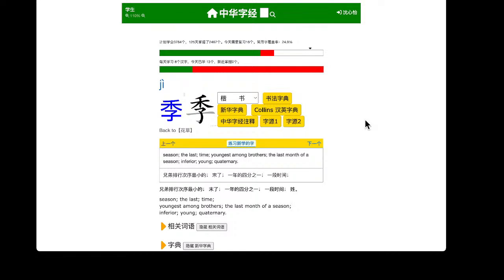Okay, youngest brother, called 季. So because it referred to the youngest brother, sometimes they use this to refer to something inferior. Okay, but that is kind of an archaic usage in old days, and people don't use that anymore. Okay, there's only one case they use it in that meaning, which is 季军. 季军 means third place in a competition.